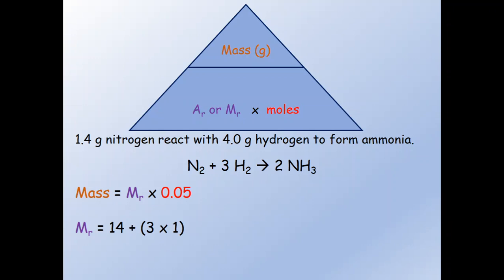And this together gives us a relative formula mass of 17, which we can now plug into our equation. So we get mass equals 17 times 0.05, and this gives us a mass of 0.85 gram for the ammonia that we can form in this reaction.